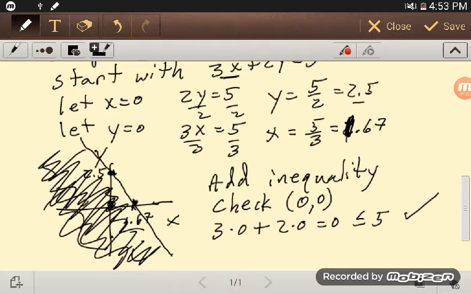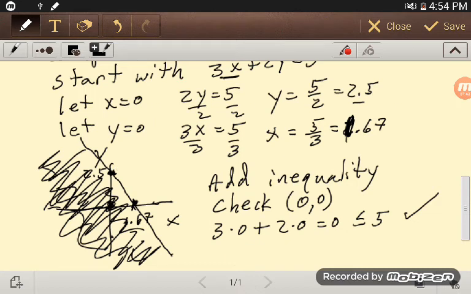Notice, if I pick anything where both numbers are negative, it works. Anything where x is negative is going to work as long as y is not too big. Now out here though, notice this is 1.67, 2.5.